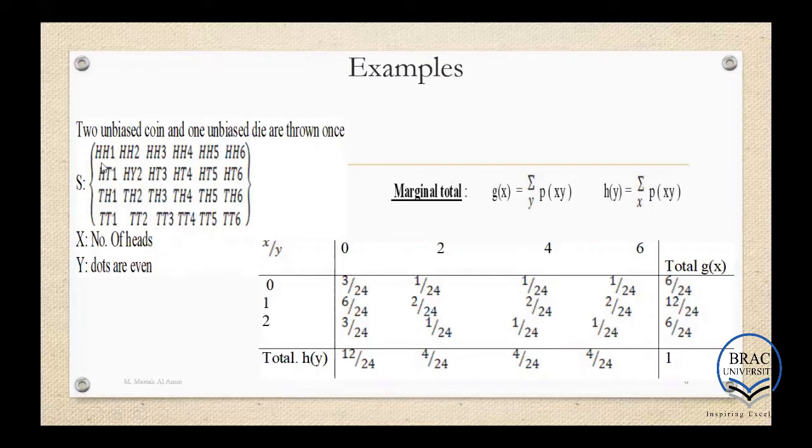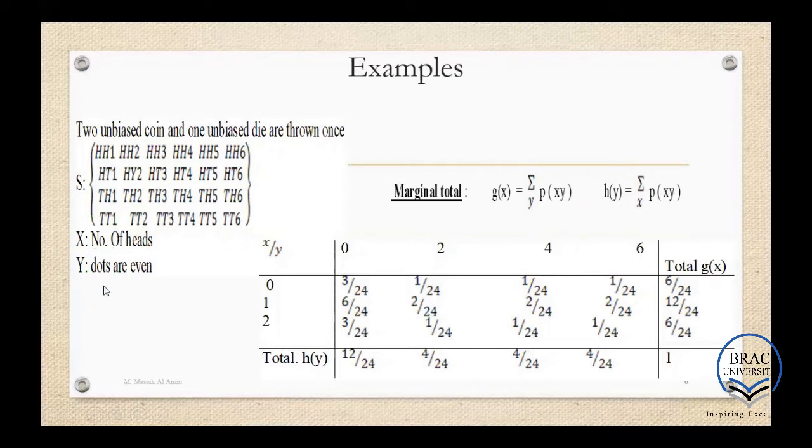That means HH1, HH2, HH3, HH4, HH5, HH6. So this way we will have 24 sample elements, right?